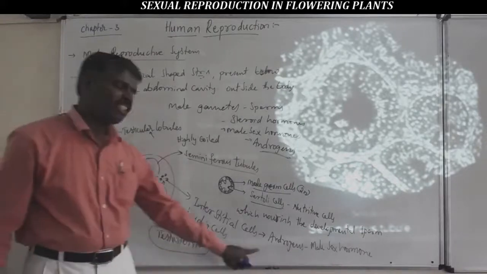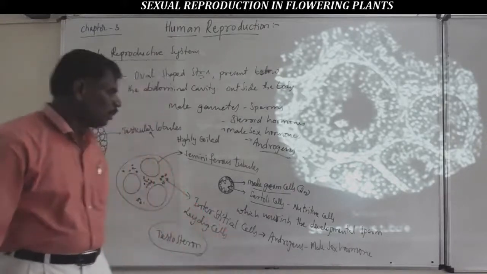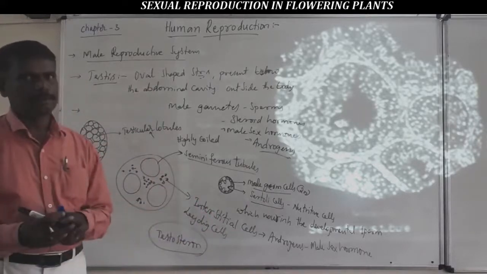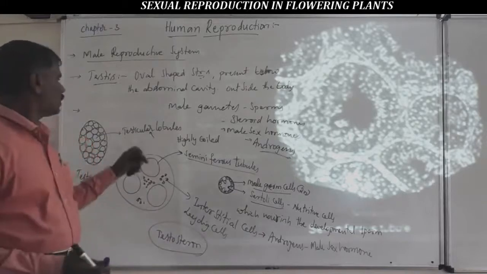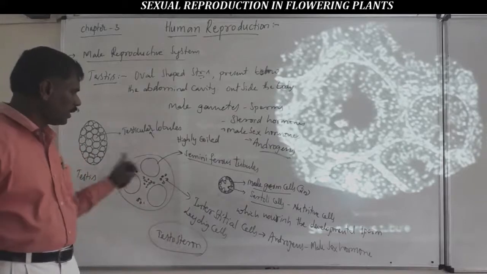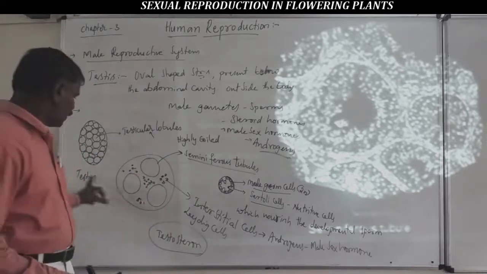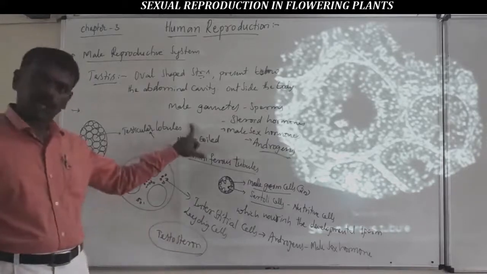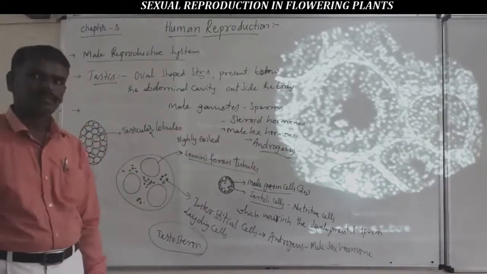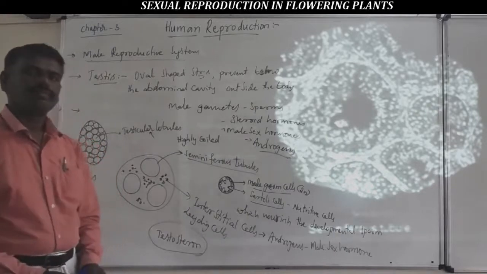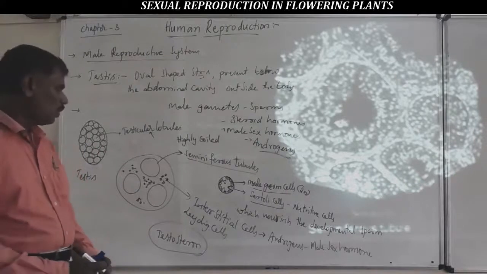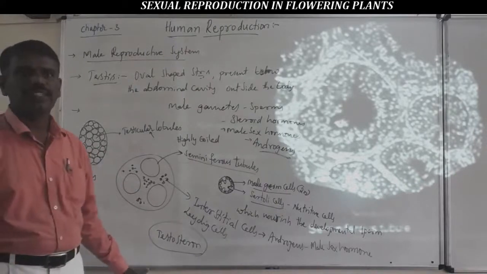Testosterone is a male sex hormone, or androgen, produced by the interstitial cells. The testis is a male gonad which produces sperms and also acts as an endocrine gland, as it produces the testosterone hormone.